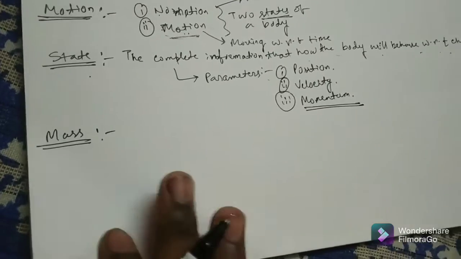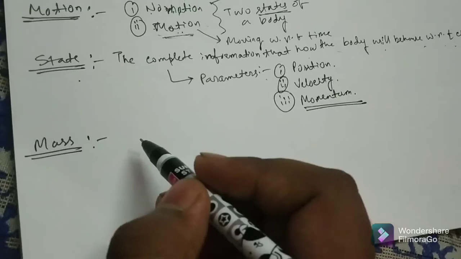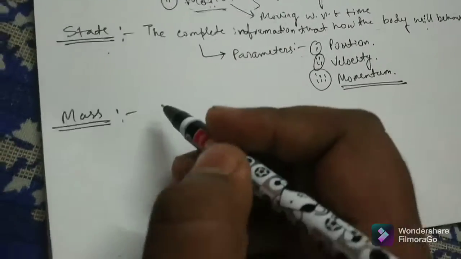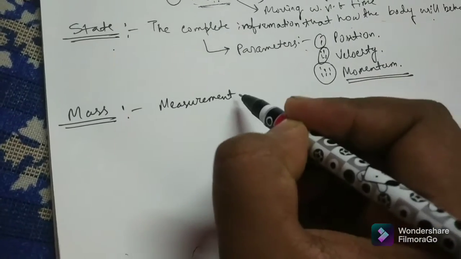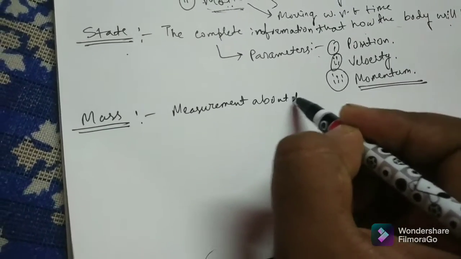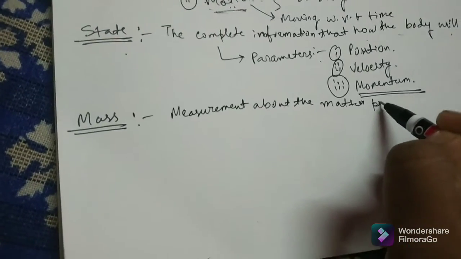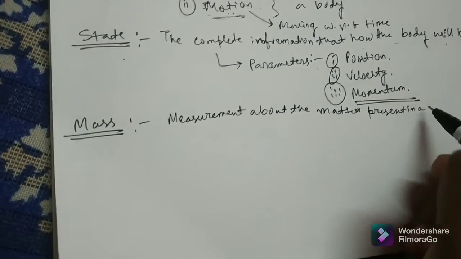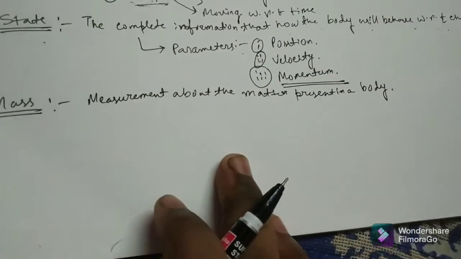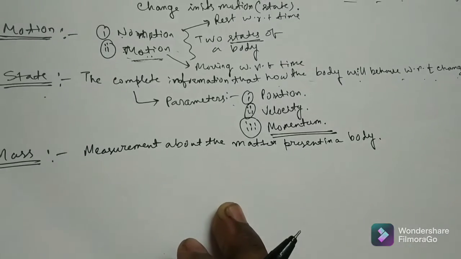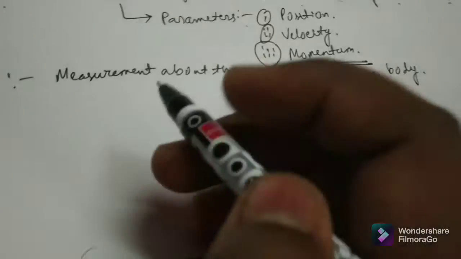But based on Newtonian mechanics, mass is what he described in his book Principia Mathematica. Mass is just the measurement of the matter present in a body. So the amount of matter present in a body is what we call the mass of the body.